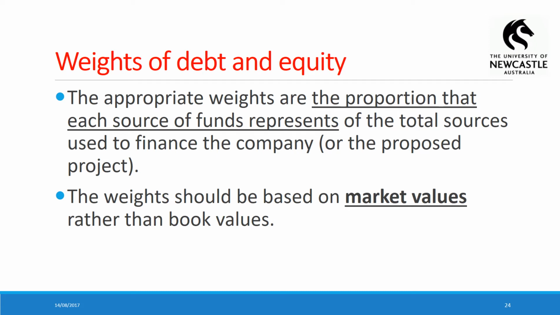In terms of the weights of debt and equity, here we use the market values of debt and equity to work out the weights of the different securities, right? So what we care about is the market value of the firm, and therefore in the weights that we use in the weighted cost of capital, we use the market values of debt and market values of equity. Right.